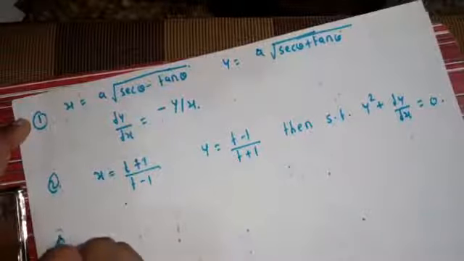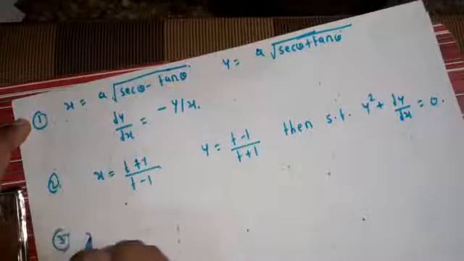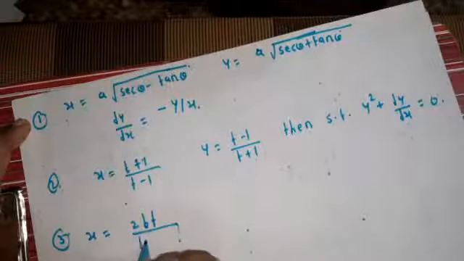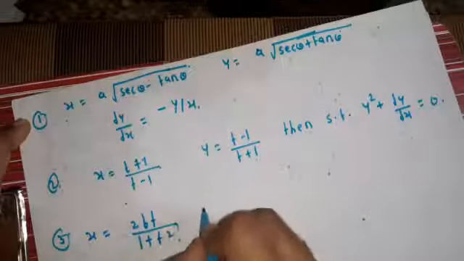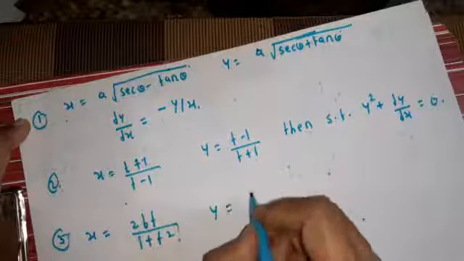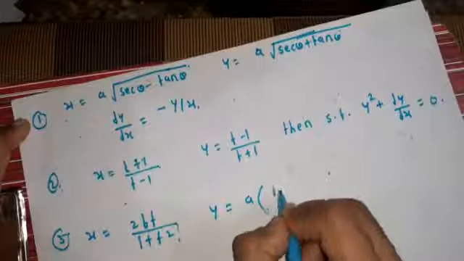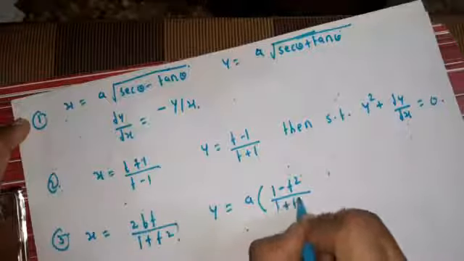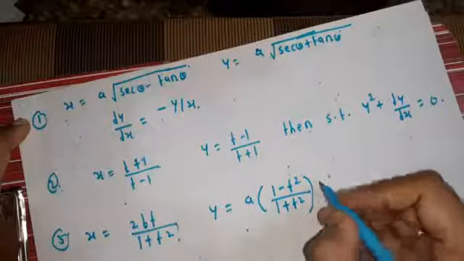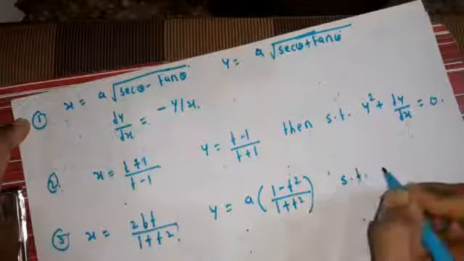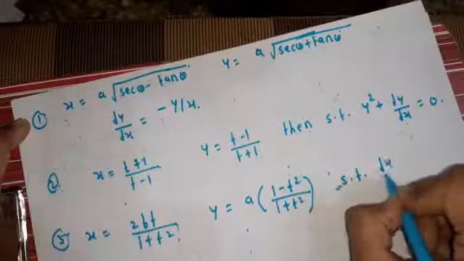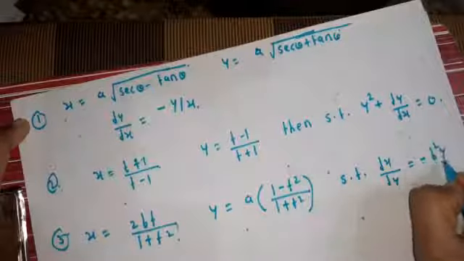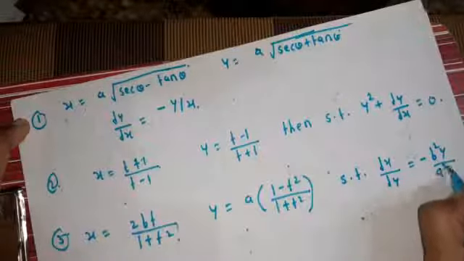And the last problem is: x equal to 2bt upon 1 plus t square, y equal to a into 1 minus t square upon 1 plus t square, show that dx by dy equal to minus b square y upon a square x.